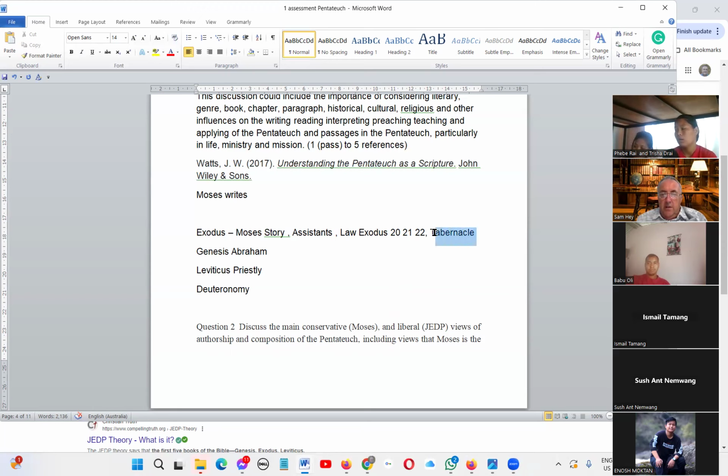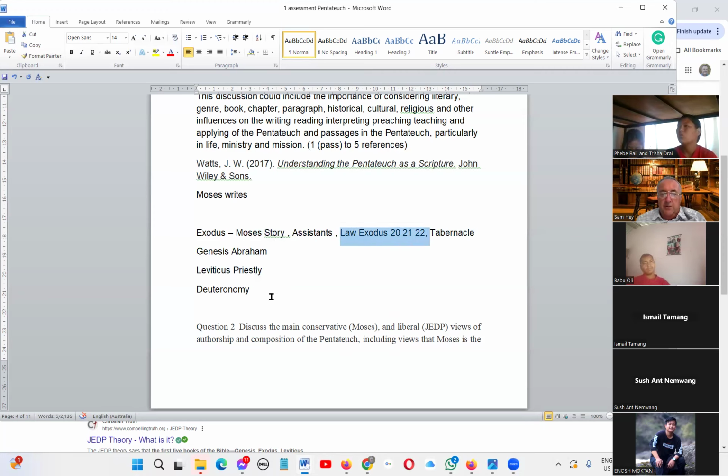So that material may have been placed in the Leviticus priestly material, and the law material may have been developed in the Deuteronomy material. However, this was written, if it was written by Moses, in 1400 BC. We don't have the writings of 1400 BC. We have the writings of around about 400 BC, which is 1,000 years later.